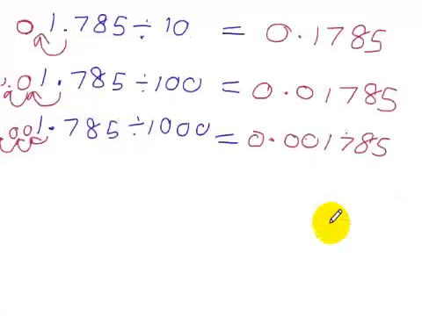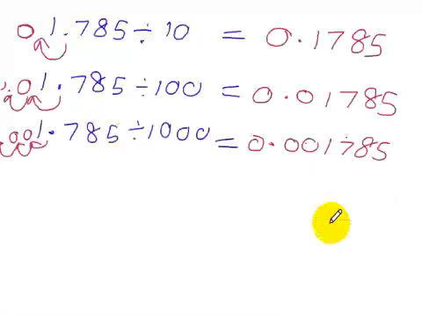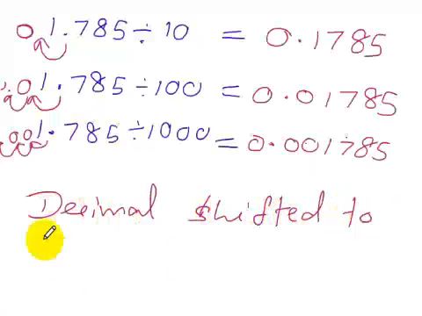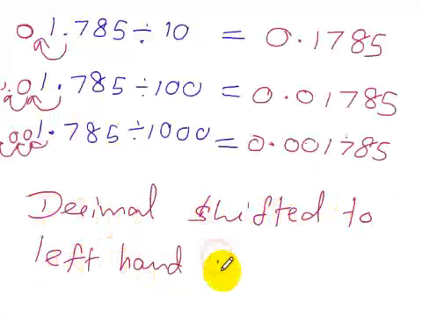From this you can say, when dividing any decimal number by a power of 10, the decimal point is shifted to the left hand side. When you multiply, it shifts to the right hand side.